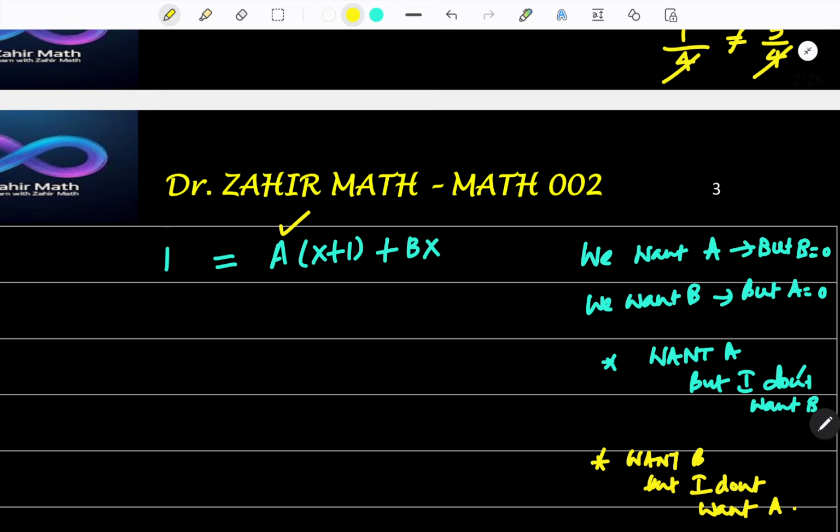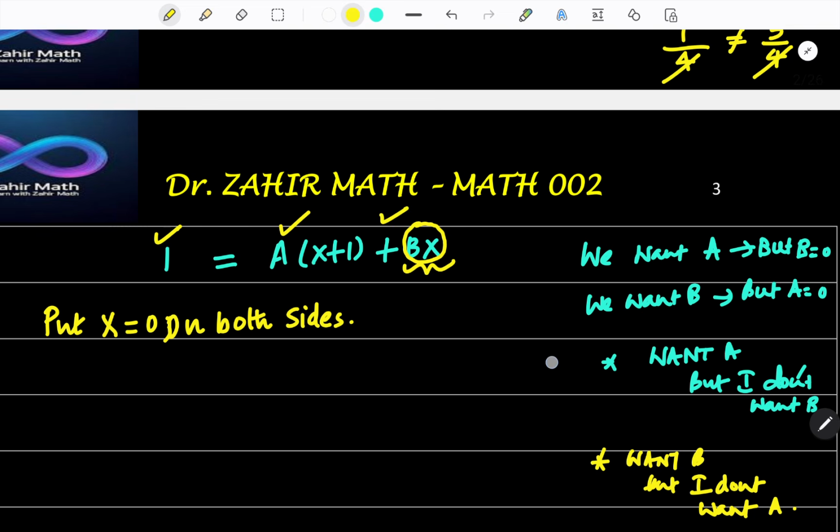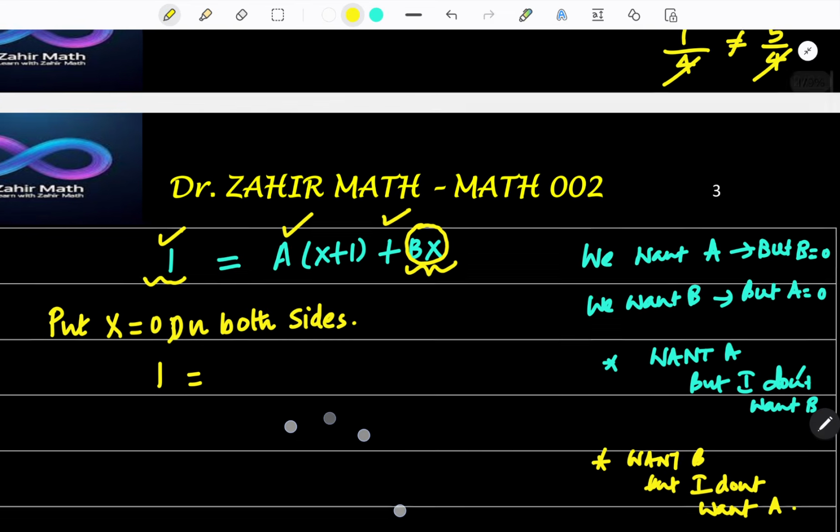So what values can I give for x such that b becomes 0? If I choose x is equal to 0, automatically b becomes 0. So put x is equal to 0 on both sides. This side as well as this side. Is there any x here? No. So 1 equals 1.